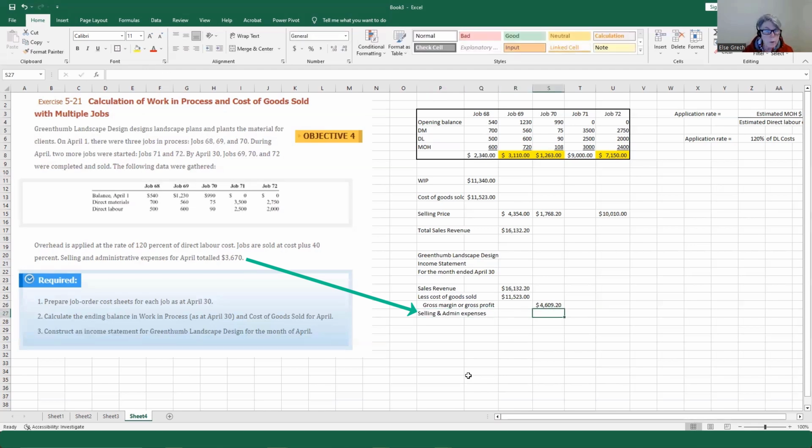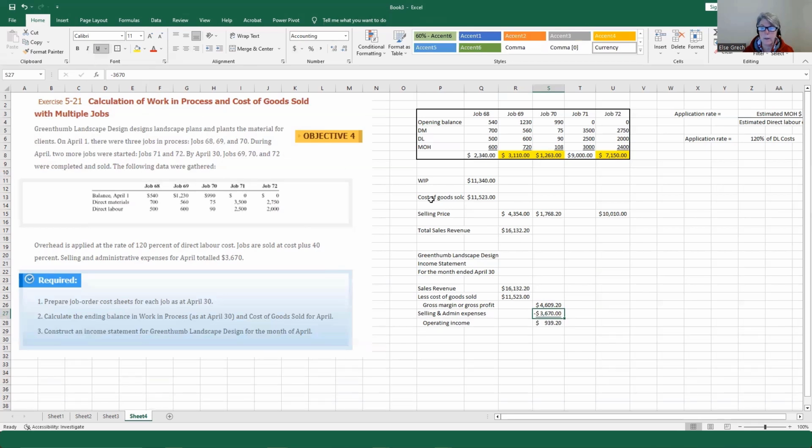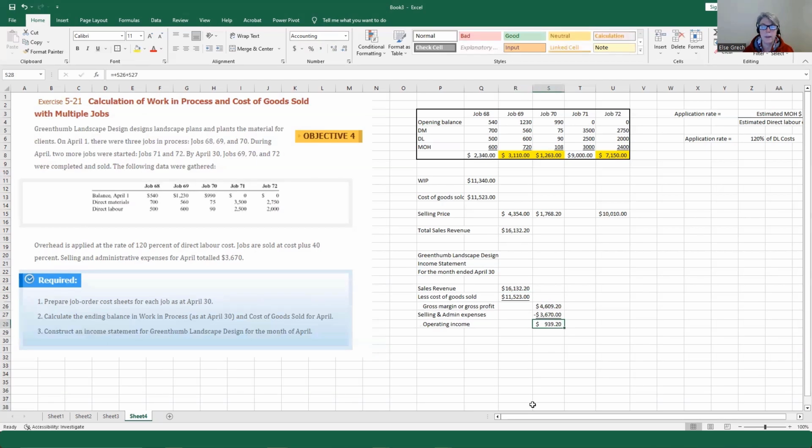We're going to do the negative 3670, and this will be operating income. The operating income here is equal to $939.20. I'm going to put a line underneath here. That's what the income statement would look like for the company.